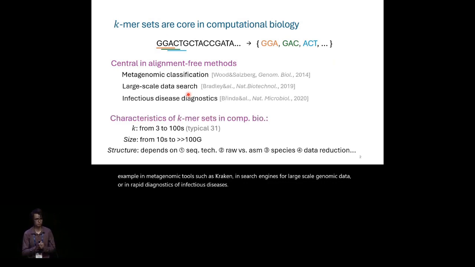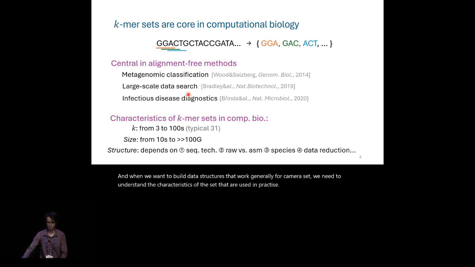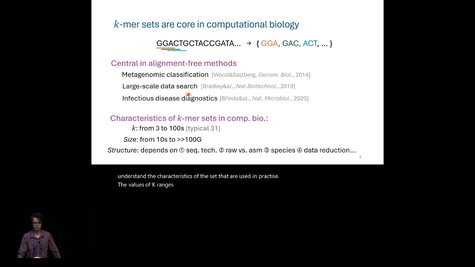And when we want to build data structures that work generally for k-mer sets, we need to understand the characteristics of the sets that are used in practice. The values of k range from 3 to several hundreds, with the most common value being 31, and the sizes vary even more, from a few to more than hundreds of billions of k-mers.